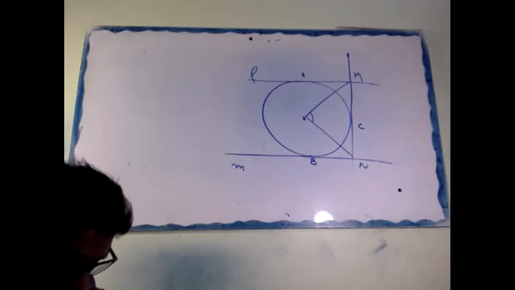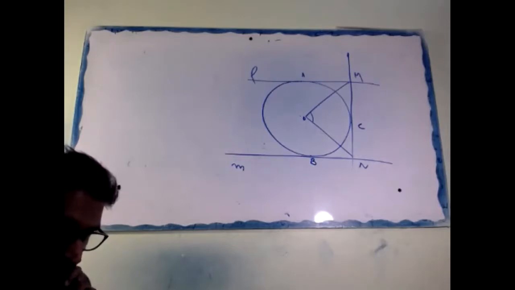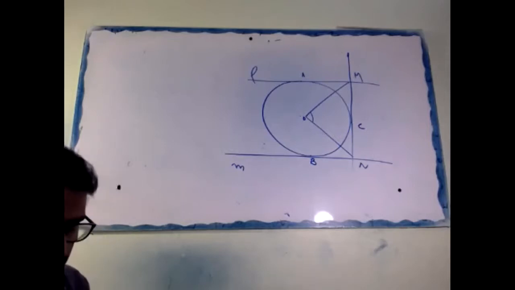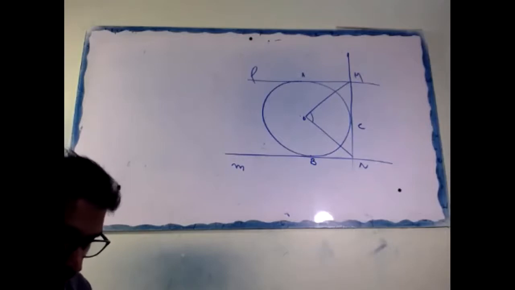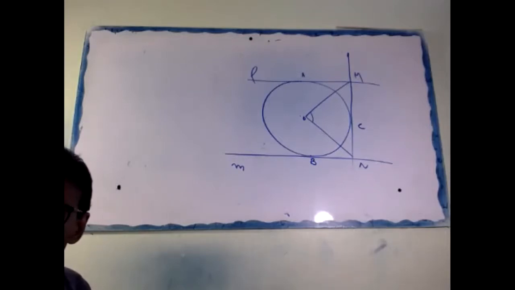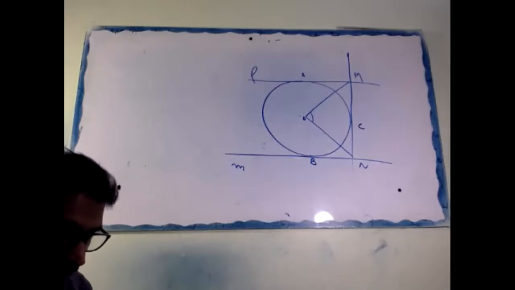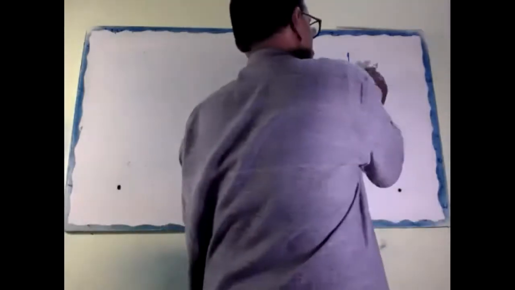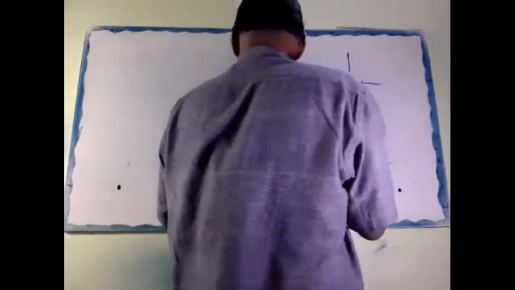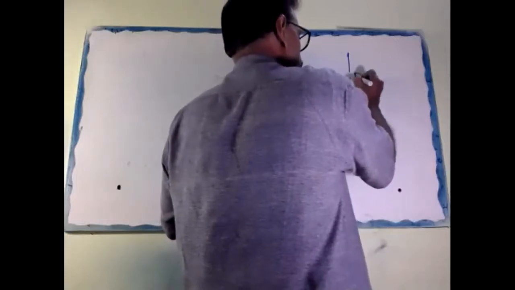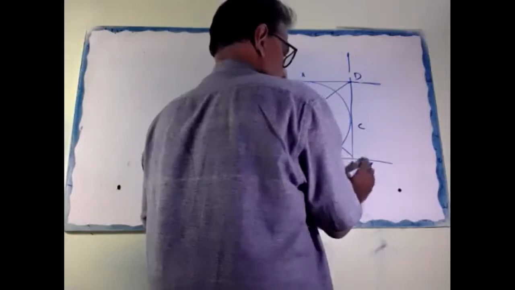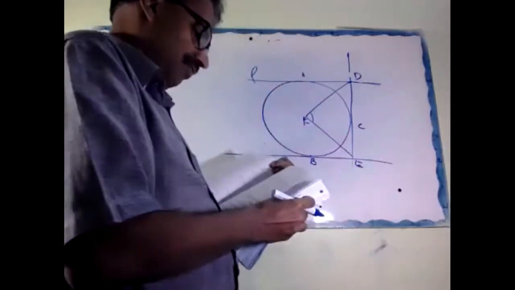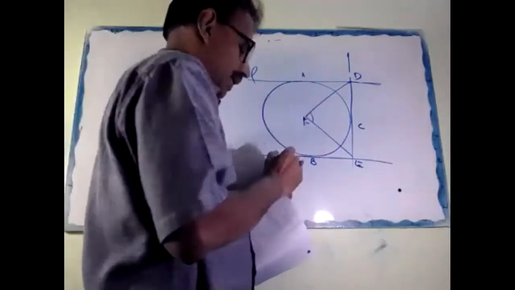L and M are two parallel tangents at A and B. The tangent at C makes an intercept DE between L and M. Prove that angle DFE, here D, here F, DFE is 90 degrees. This angle you have to show is 90 degrees. Okay.